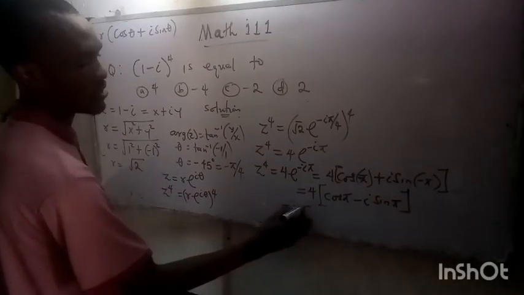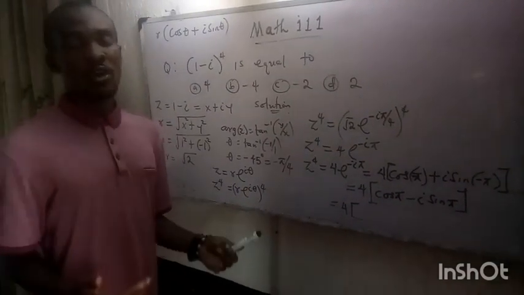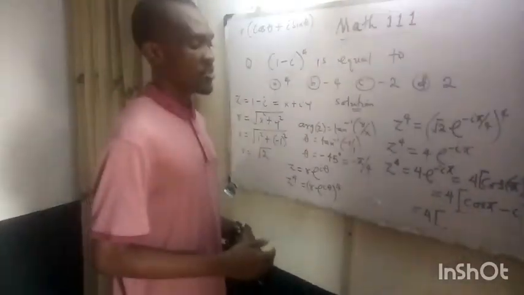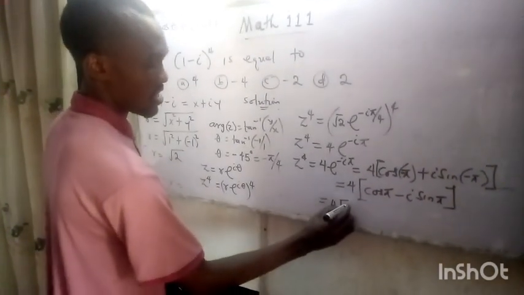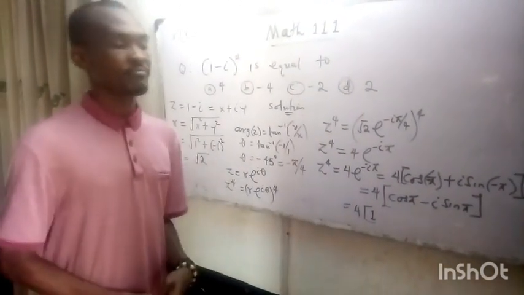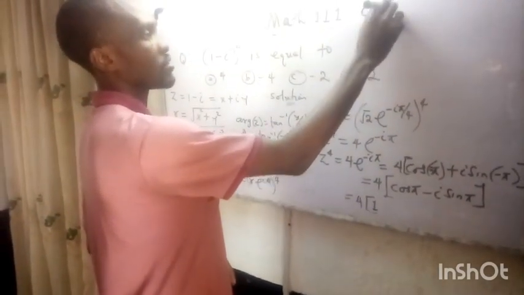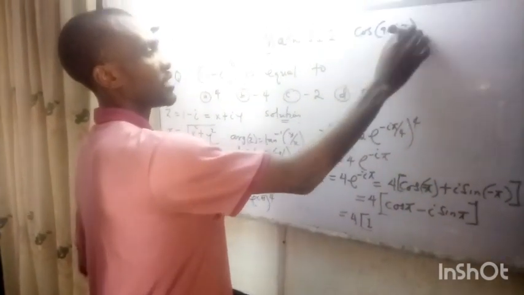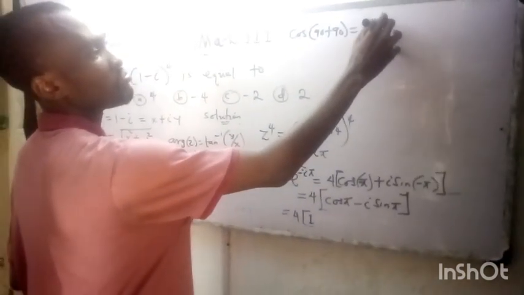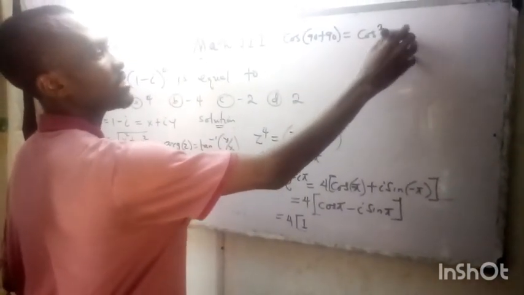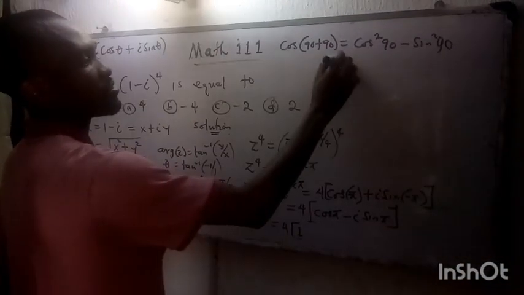So what do we have? We have 4 into, what is cos pi? Pi is actually 180 degrees. So cos 180 degrees is going to give us, let's see, cos of 90 plus 90. So this is cos squared 90 minus sine squared 90.